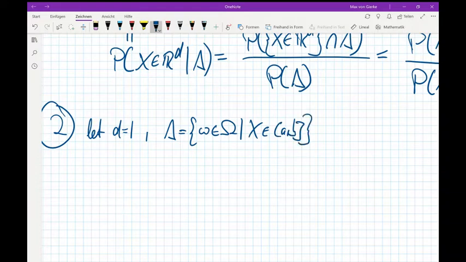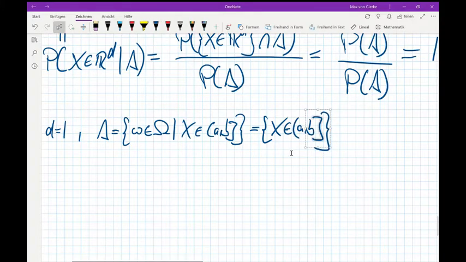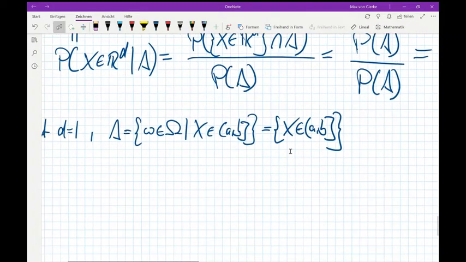If this confuses you, you can abbreviate this with just x in (a, b). Here the right-hand side is a more common writing, I think. So don't let yourself be confused by this omega.